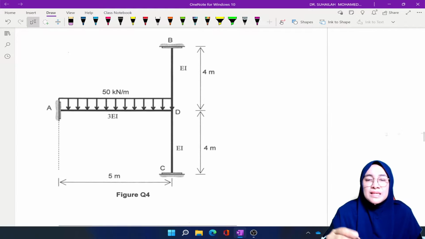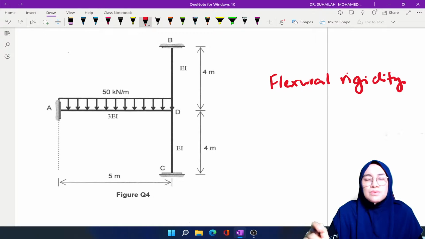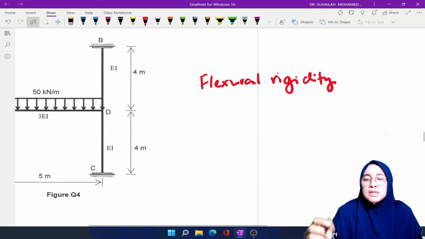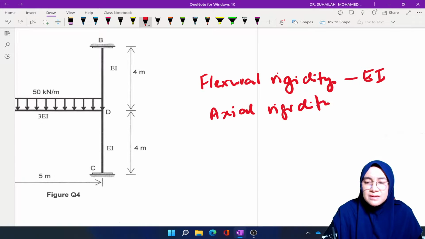The flexural rigidity in frame is EI, and axial rigidity in frame is EA.